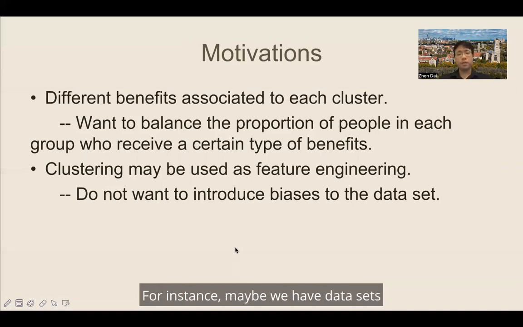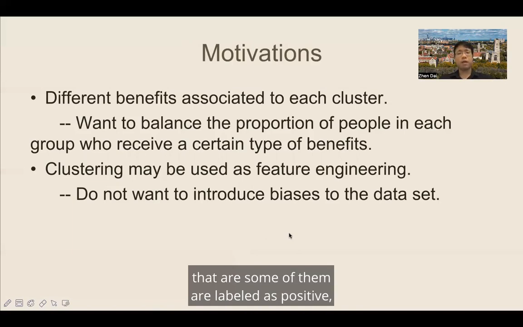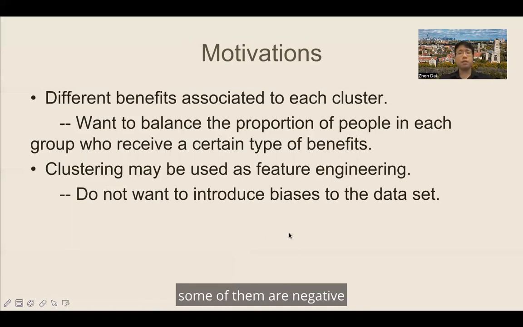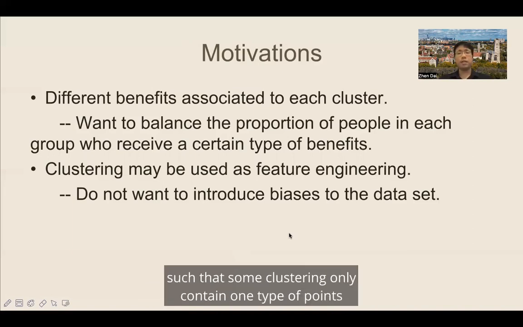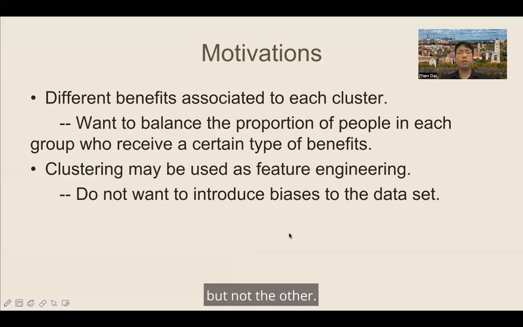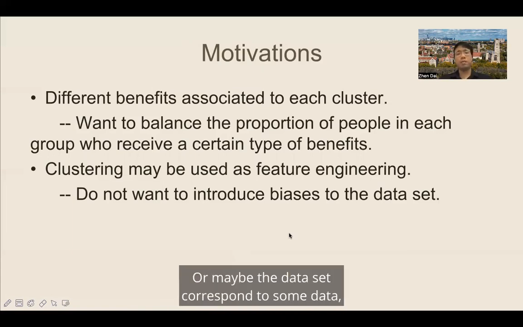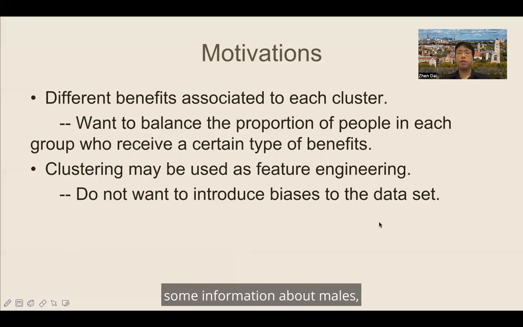For instance, maybe we have data sets where some points are labeled as positive and some as negative. And we don't want to create clusters such that some clusters only contain one type of points, but not the other. Or maybe the data set corresponds to some information about male, and some of the points correspond to information about female.